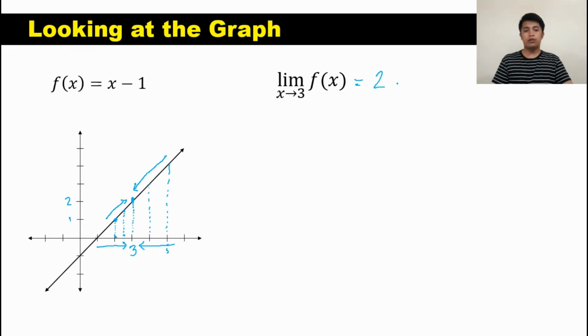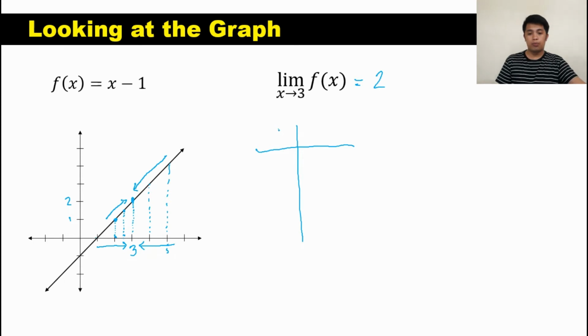Now let us see it using a table of values, which we discussed earlier. In a table of values, we list down values of x and then look for the corresponding y value. We will have two tables, one from the left side and one from the right side.